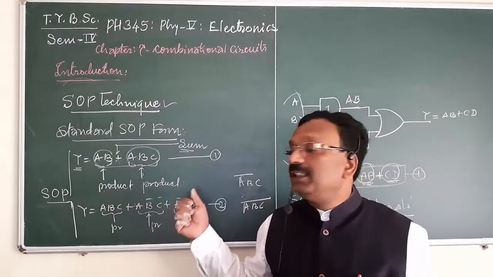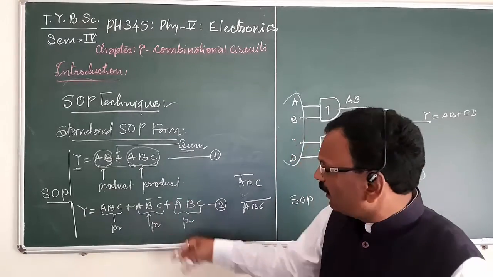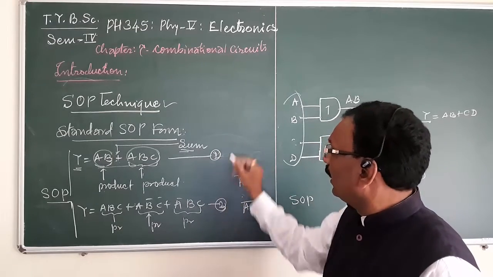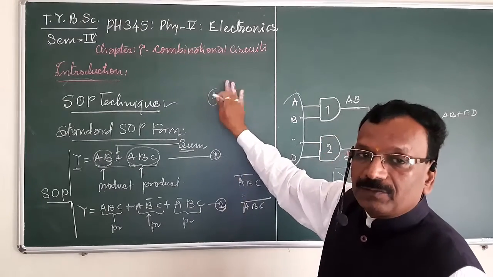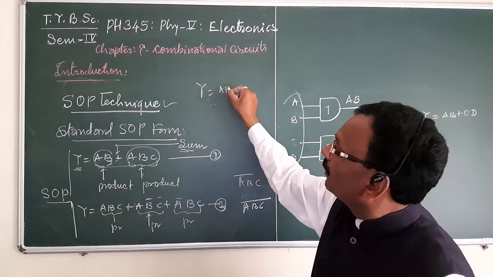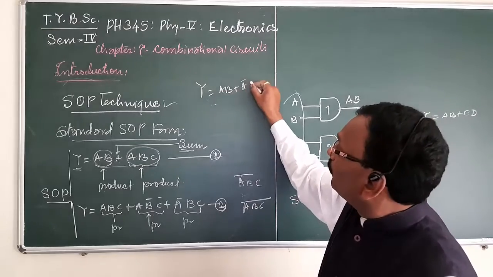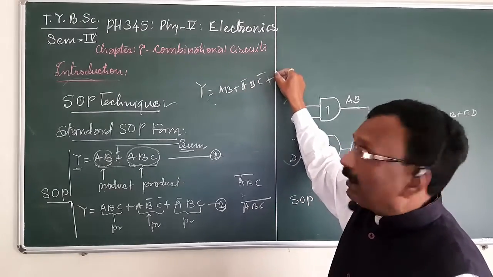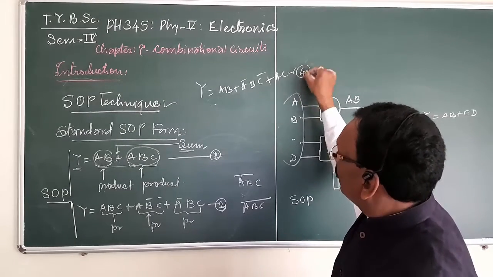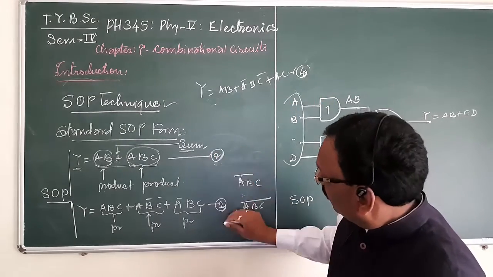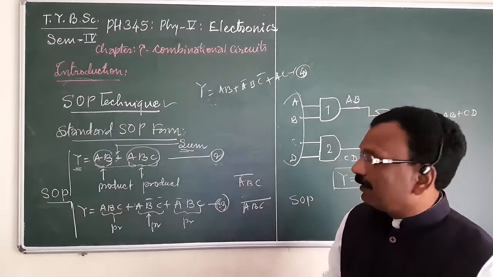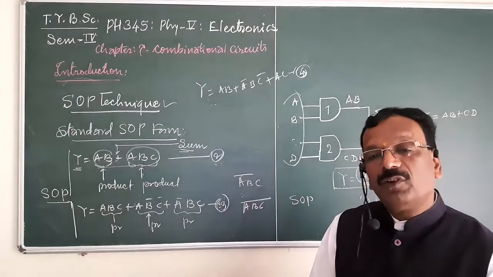Consider one more equation. Suppose this is equation 2, this is equation 3, and one more expression, equation 4: Y is equal to AB plus A bar B C plus AC. The numbering of these equations is only for our convenience.